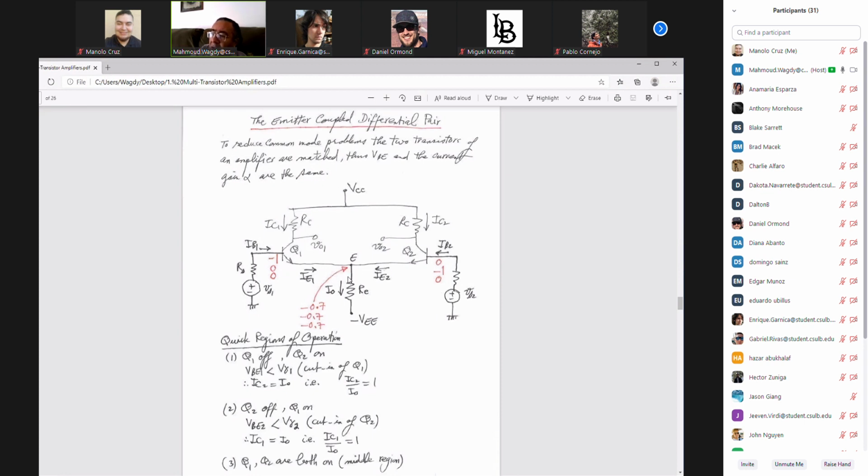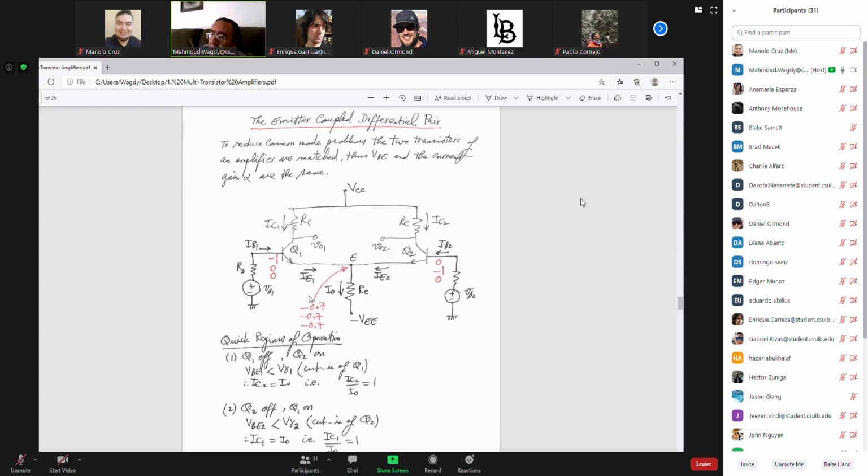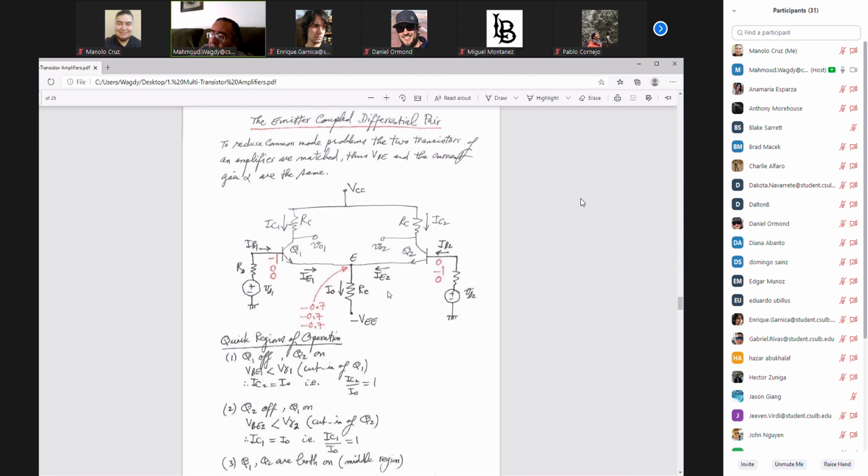You can take the output between VO1 and ground. That's one possibility. You can take the output between VO2 and ground. You can also take the output differentially between VO1 and VO2 without having a ground.